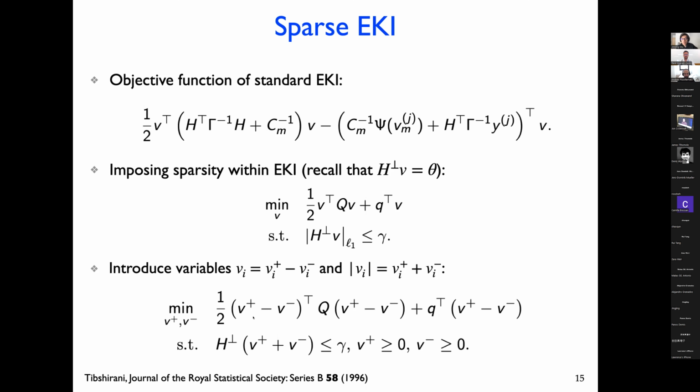By doing so, we can get the standard quadratic programming problem with linear inequality constraints with respect to the auxiliary variables v plus and v minus. So for the final form of the optimization problem, we can directly use a standard quadratic programming package to solve it.